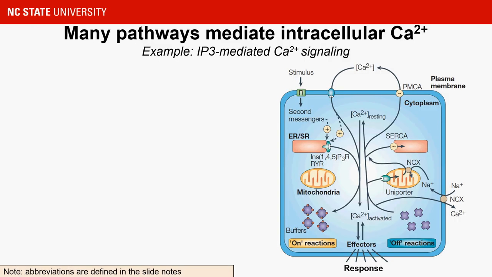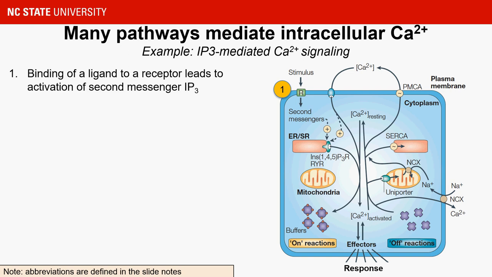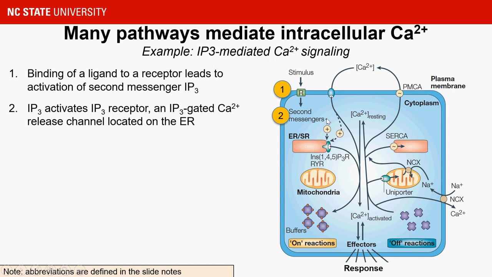So many pathways can mediate intracellular calcium, and let's give an example of IP3 mediated calcium signaling. First, a ligand combined with the GPCR leads to activation of a second messenger like IP3.